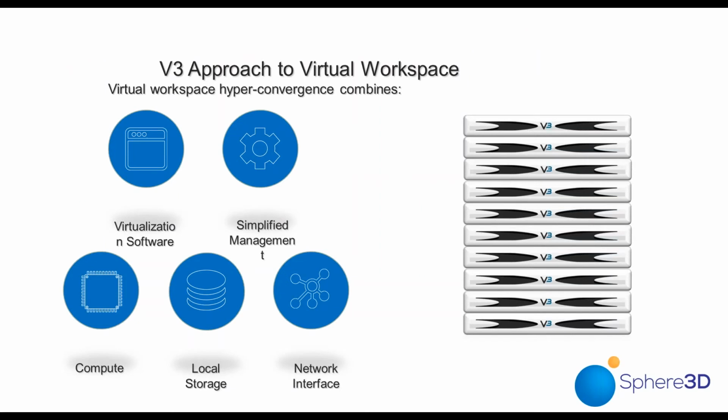That involves the processor, compute, local storage, the network for each desktop and each computer, the virtualization software we just covered a little bit, and the very simplified management using our tool, which allows us to drop in one or many appliances to fit your needs, wherever they need to go.